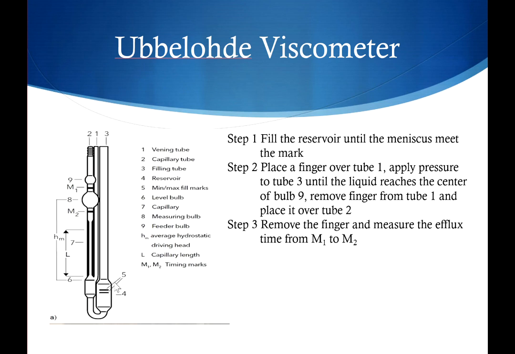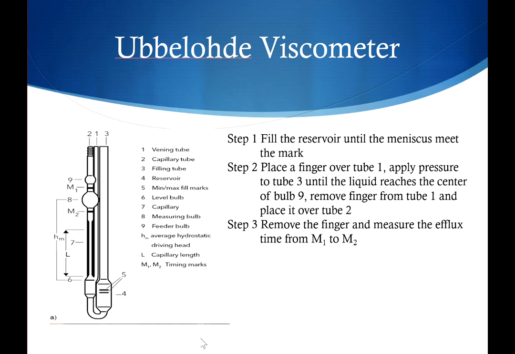Here we have number 4, which is the reservoir. Our step 1 is to fill the reservoir until the meniscus meets the mark. We fill the reservoir with water through the filling tube so that the level falls between the minimum and maximum fill marks.